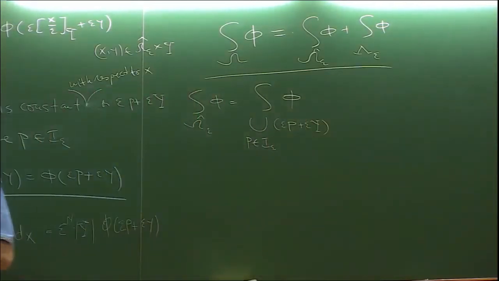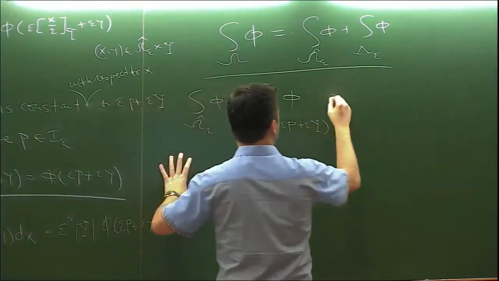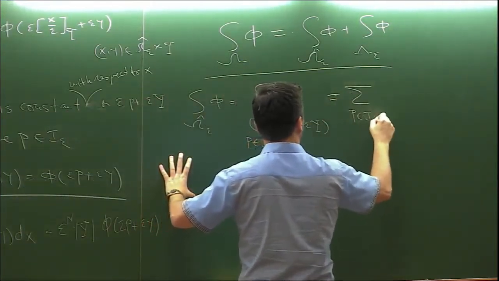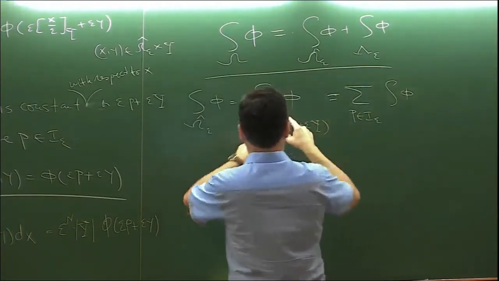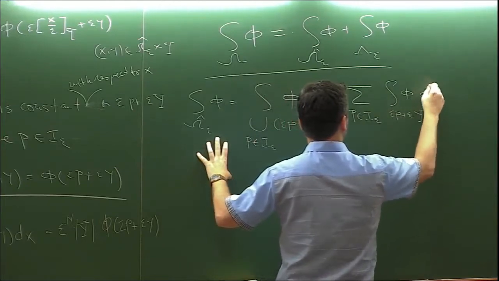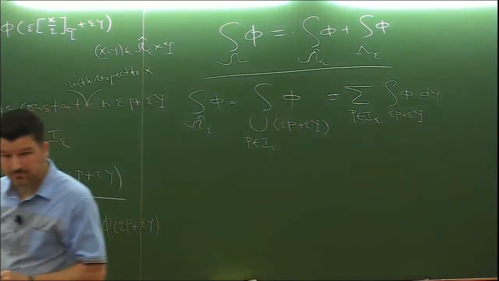Yeah, that's the definition of my interior set. Okay? And now I break the integral again. So this will be a sum of integrals of phi on each of these, with respect to y.